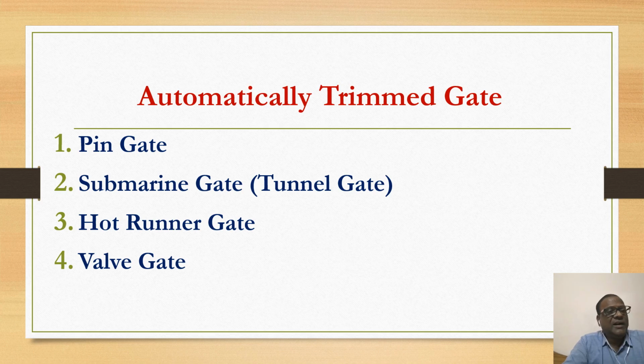In the case of a submarine gate, because the melt will flow into the cavity below the parting surface, below the parting line, while opening your mold, while ejecting, the gate will be trimmed automatically. So you don't have to do anything manually. The third one is hot runner gate, and another is called valve gate.